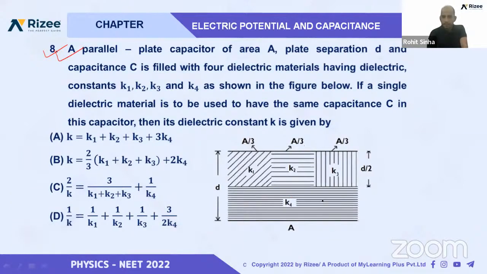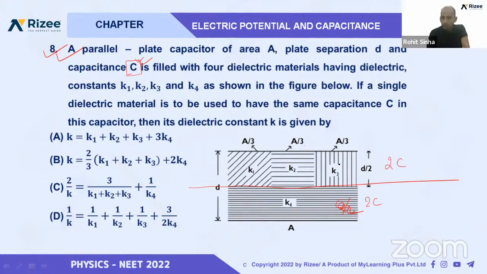Any answer come? What you have to do? It is given that it has a capacitance in vacuum. What will you do when we cut like this? We will get C by 2 here, and cutting like this now, we will get 2C here and 2C here.